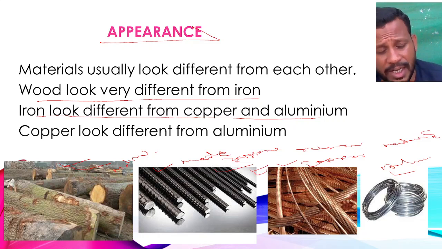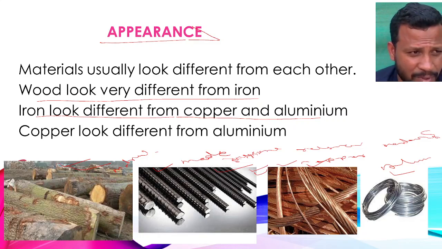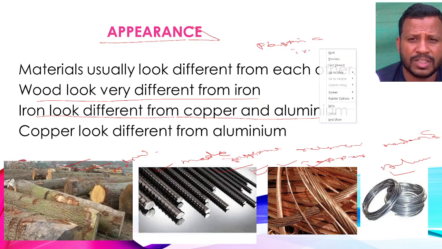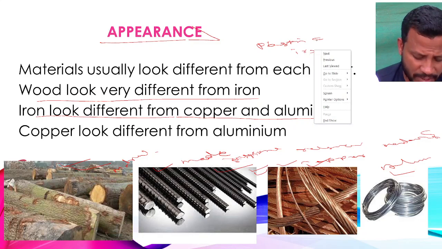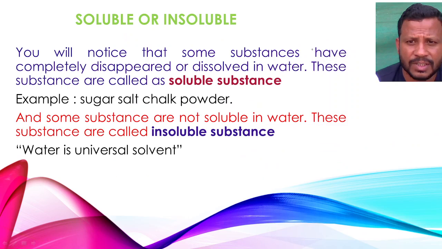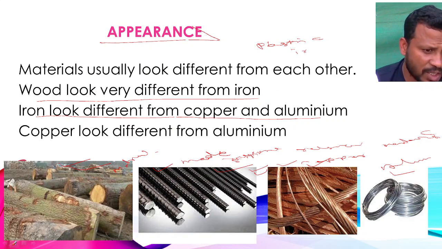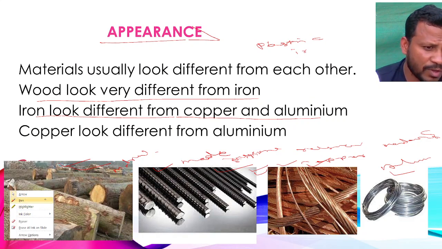Not only these items; I just took them as an example here. There are a lot of plastic materials present. Look here, plastic materials are different from iron. Why? Because plastics are very soft.